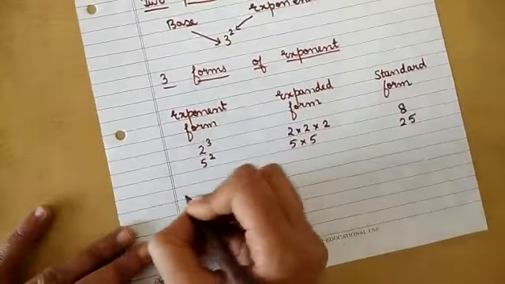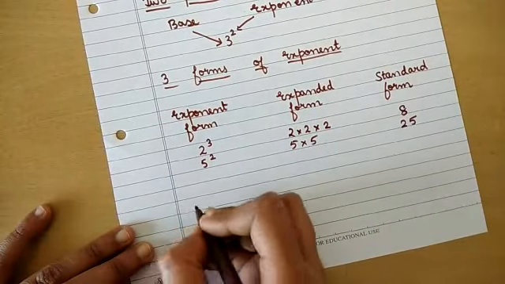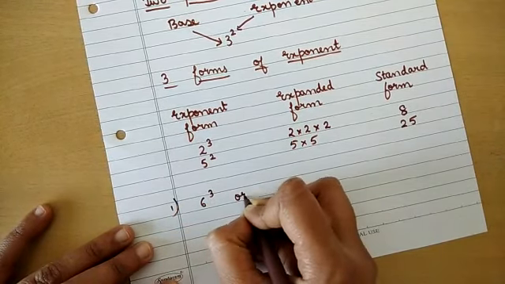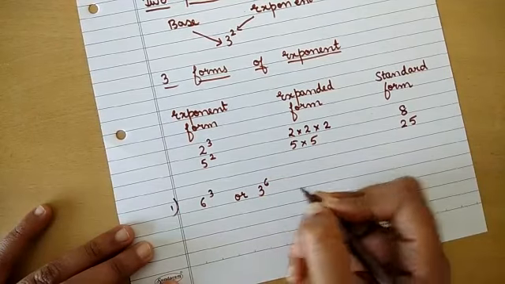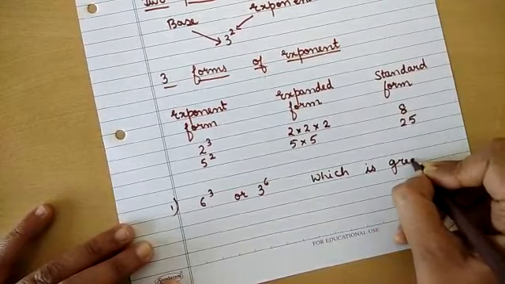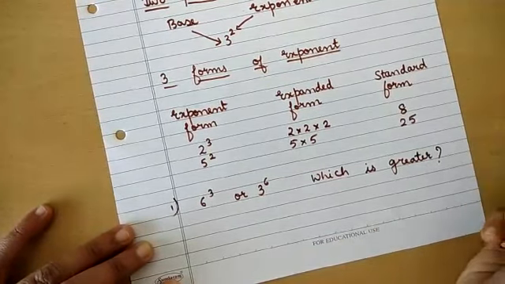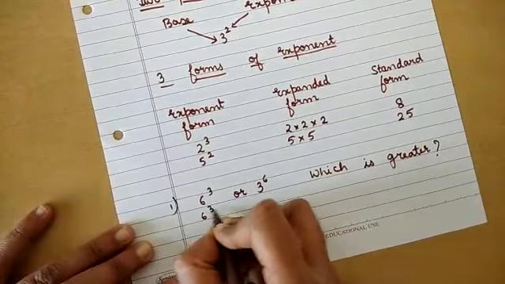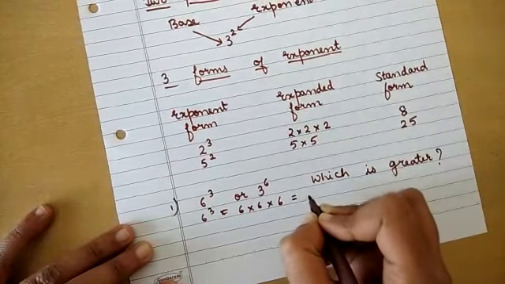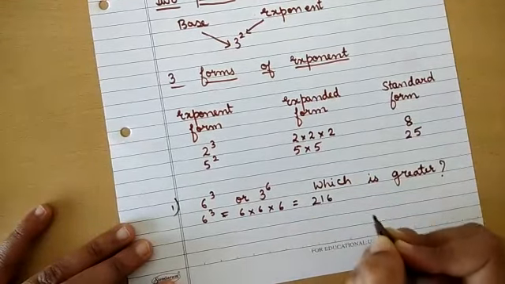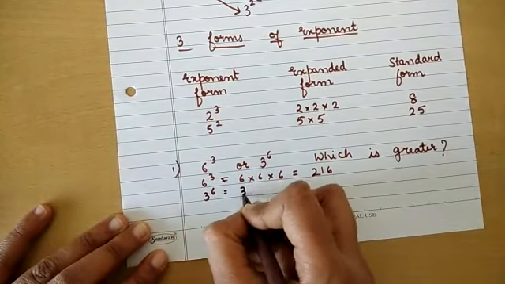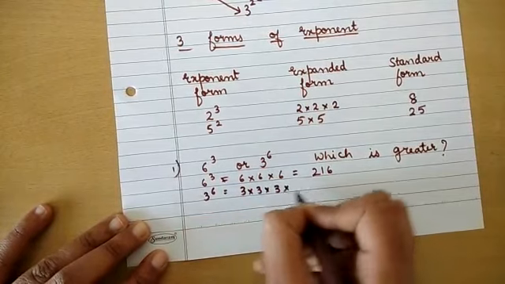We can get such types of questions, like which number is greater than another one. For example, 6 cube or 3 raised to 6. Which is greater? What we will do is, 6 cube is 6 into 6 into 6, which is 216, and 3 raised to 6 is 3 multiplied 6 times.